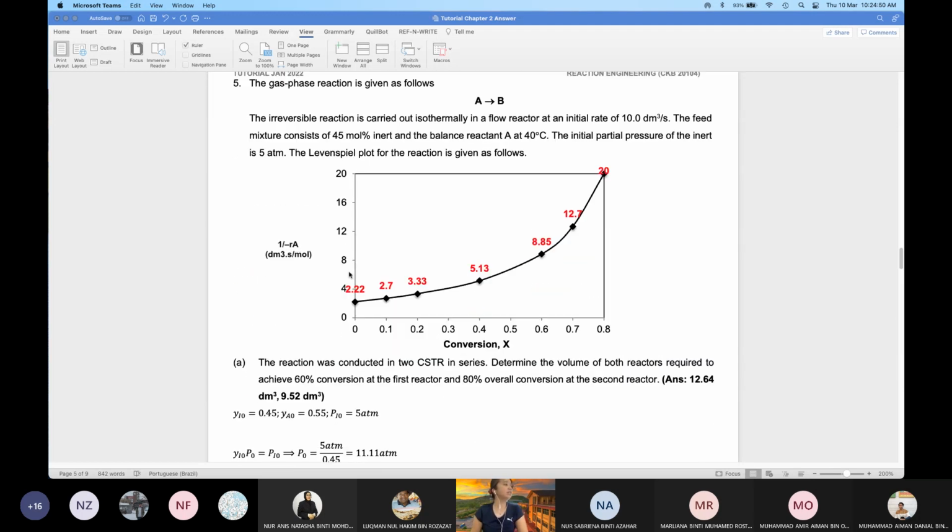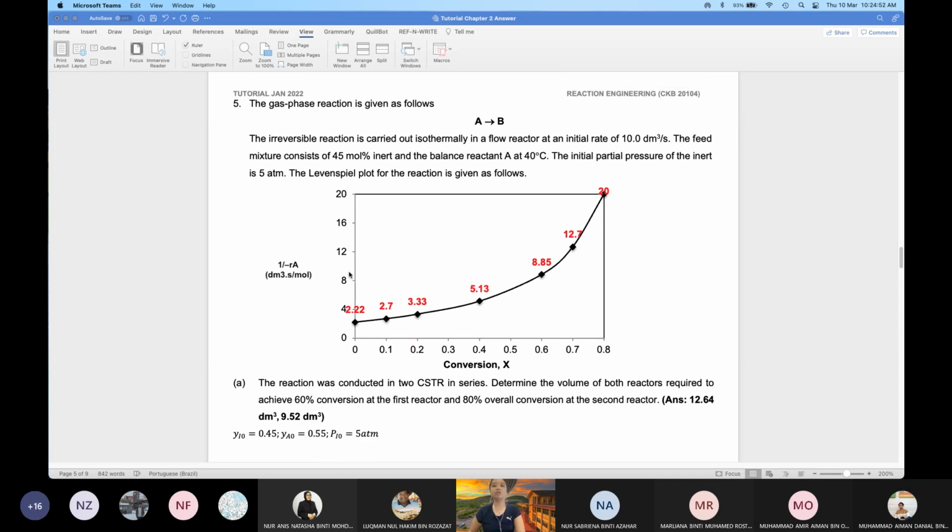Right. So the question says, the gas phase reaction is given as follows: A produces B. The irreversible reaction is carried out isothermally in a flow reactor at an initial rate of 10 dm cube per second.